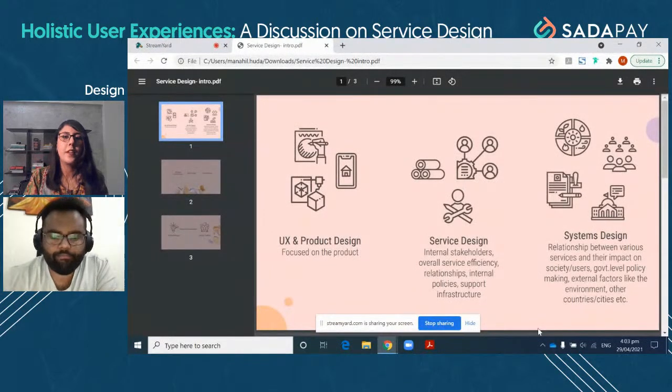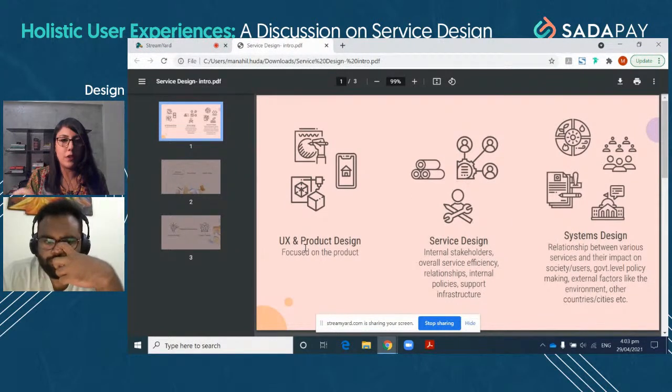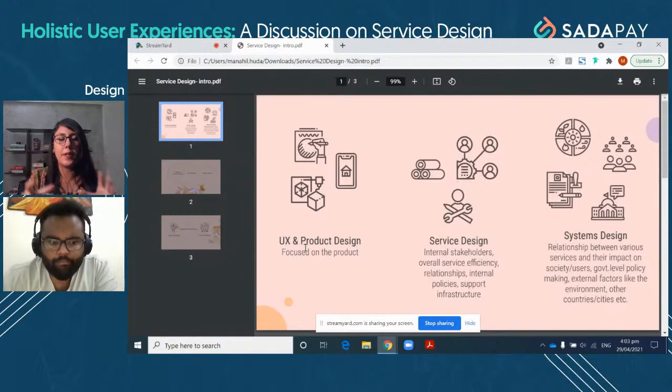Awesome. So as you asked about the difference between product design and service design, this is a small visual that I often like to use. When we talk about user experience design or product design, we are focused on the product itself. So there's a lot of stuff happening inside it.